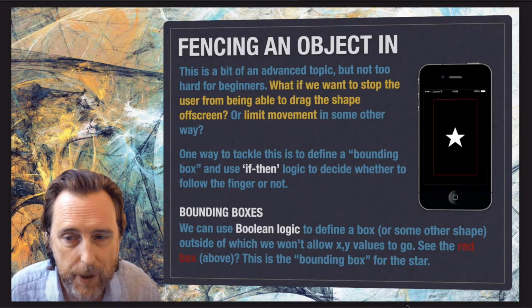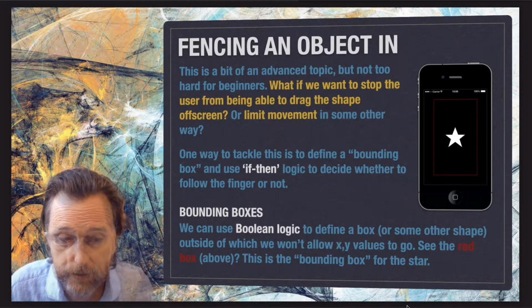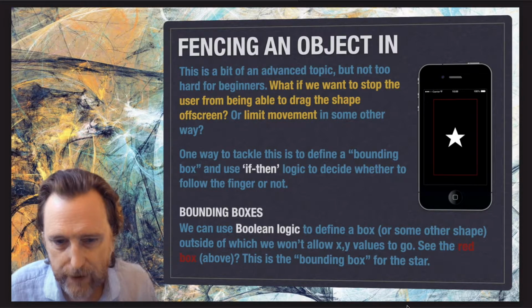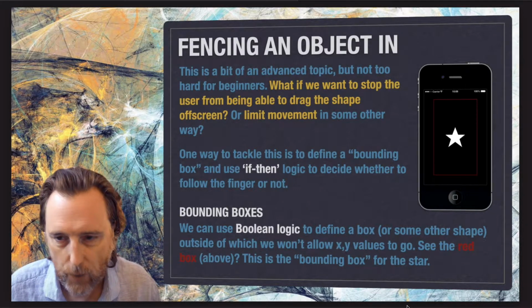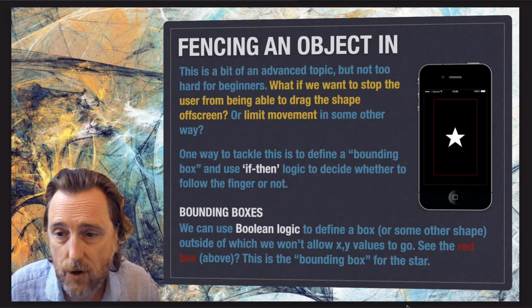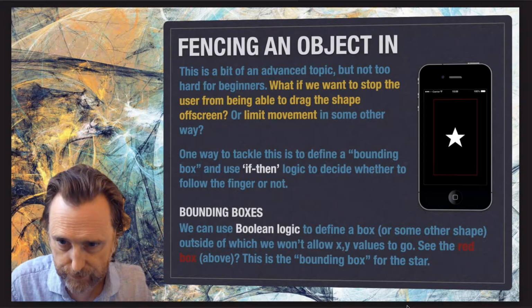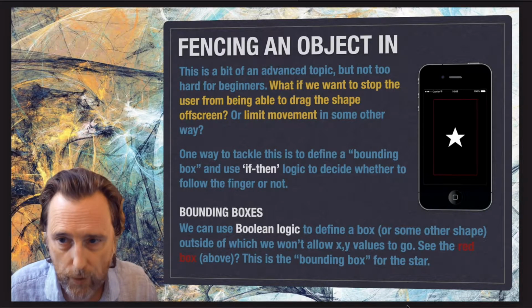So that red box will actually let half of the star go across it, which will, if I've calculated the location of the red box there correctly, stop, say if we drag it to the left, the left edge of the star from getting off the left edge of the display, or the top, or the bottom, or the right.